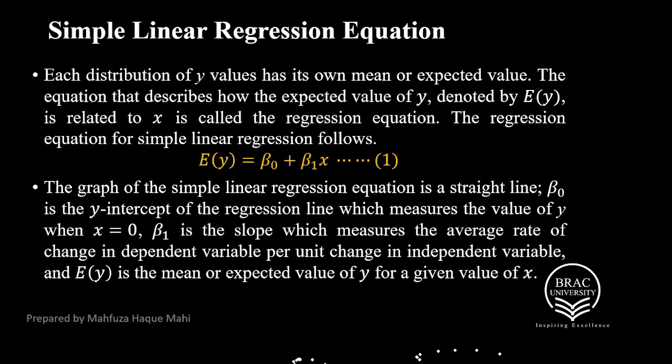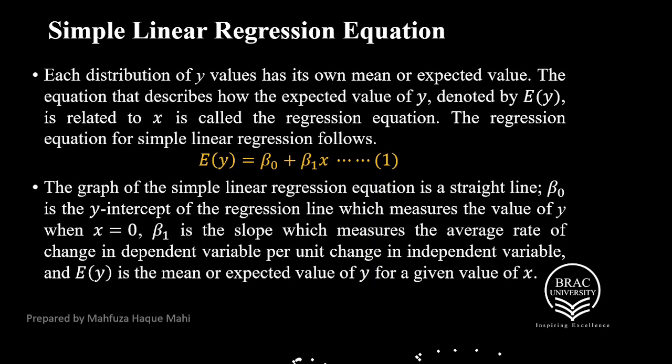Each distribution of y values has its own mean or expected value. The equation that describes how the expected value of y, which is denoted by E of y, is related to x is called the regression equation. The regression equation for simple linear regression is E of y equals beta 0 plus beta 1 x.